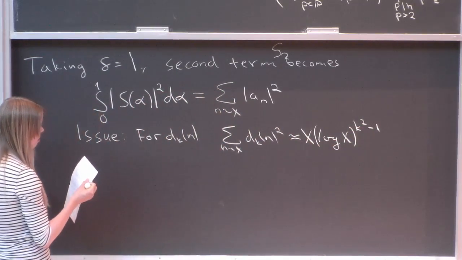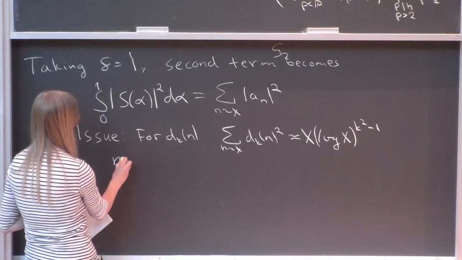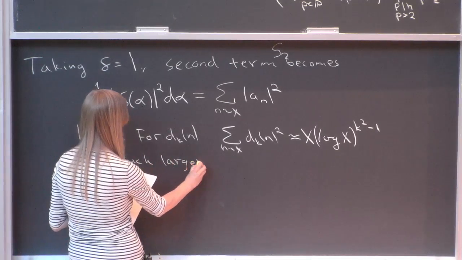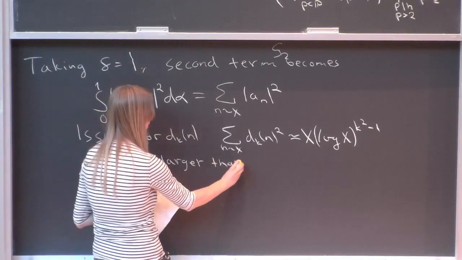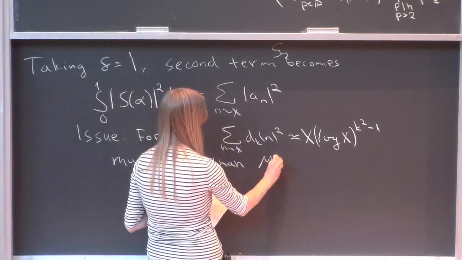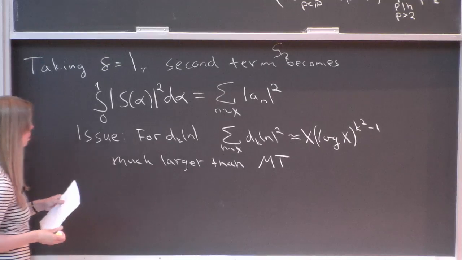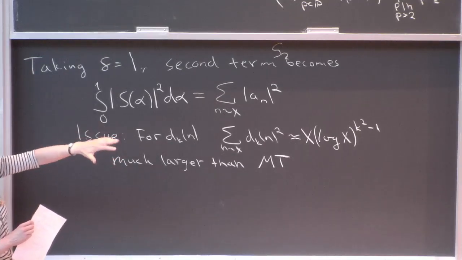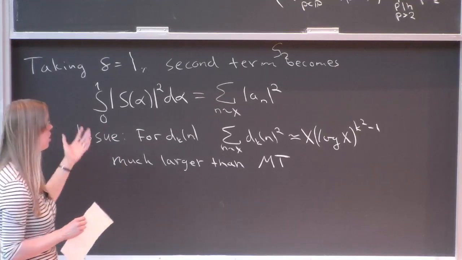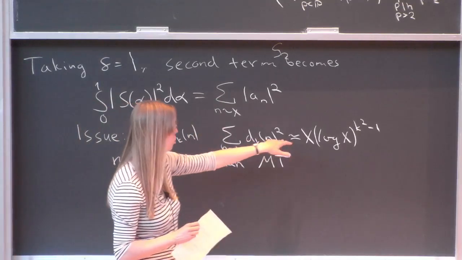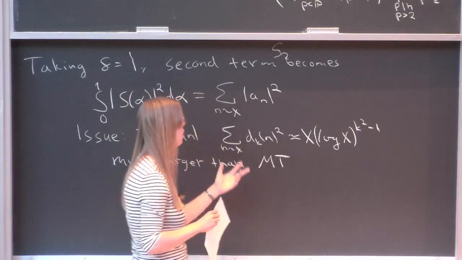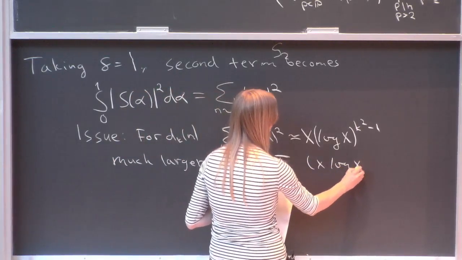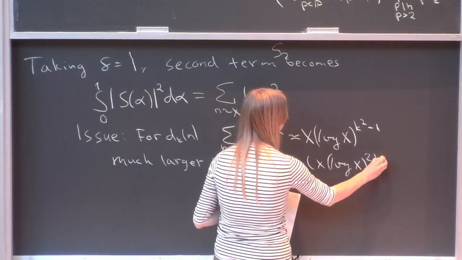But this is much larger than the main term. I mean, I haven't given you all the details of what bounds we need, but the point is that this is a troublesome bound because it's of size larger than the main term, which is of size x (log x)^(2^k - 2).